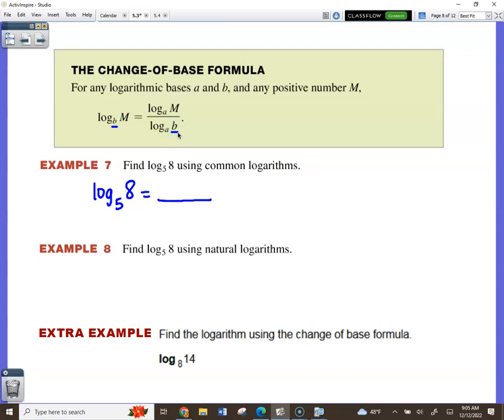So the stupid, corny way that I remember this without having to look up the formula is I say to myself, okay, I cannot evaluate that with the log button. So I'm going to rewrite it, and I always say the bottom, the small, the subscript, the base, goes to the bottom of the fraction, and the other one goes to the top. So this would be log of 5, and the other one's on top, log of 8.